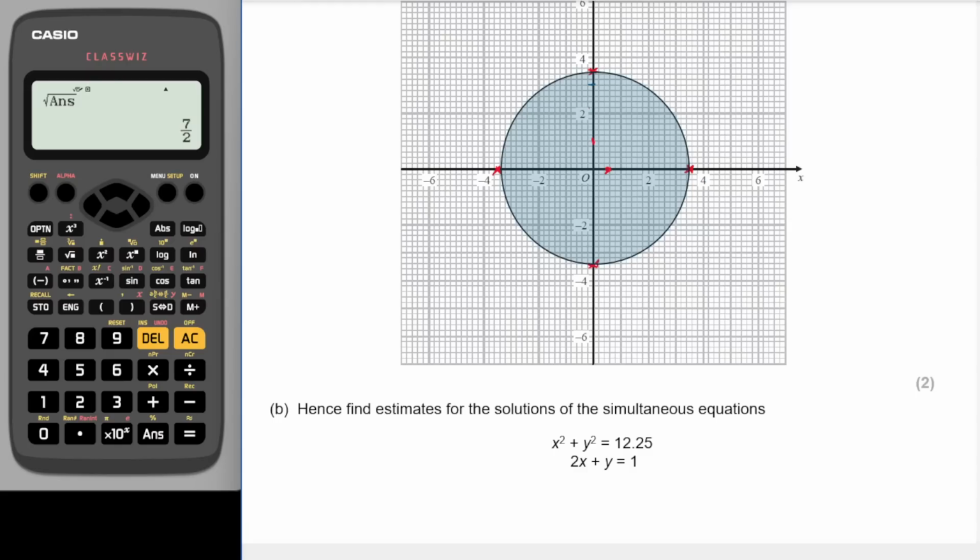Right, so let me just extend that line a little bit. I'm confusing myself with my axes slightly.